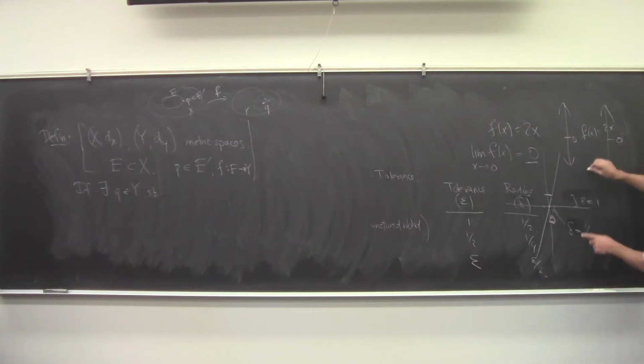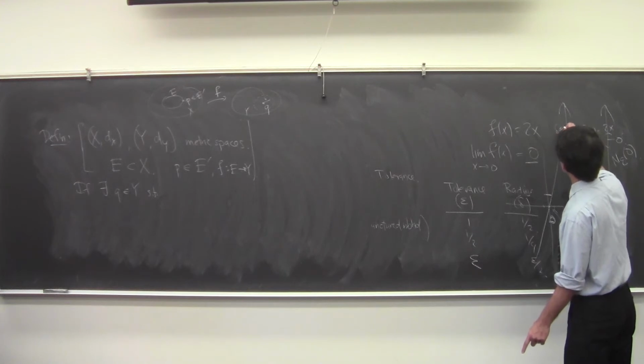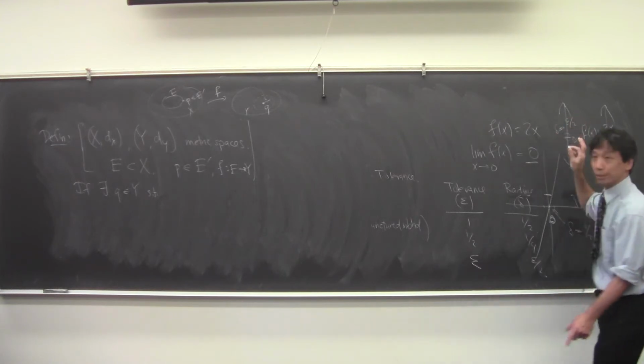And what we're saying is that given any epsilon neighborhood of 0, there was a neighborhood over here such that all the points get mapped inside of it. All the points stay between negative epsilon and positive epsilon. And it turned out for us that the radius that worked was epsilon over 2.